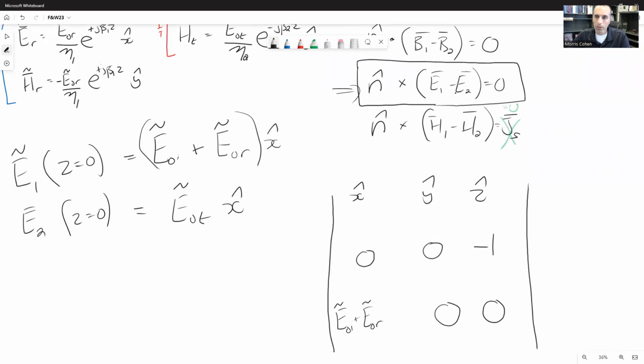I'm going to indicate that those are vectors. And we're going to subtract E2, which means E2 is going to be E0t. So there's going to be a minus E0t for transmitted right here, and we're going to set this whole thing equal to 0. This is simply plugging into this boundary condition.